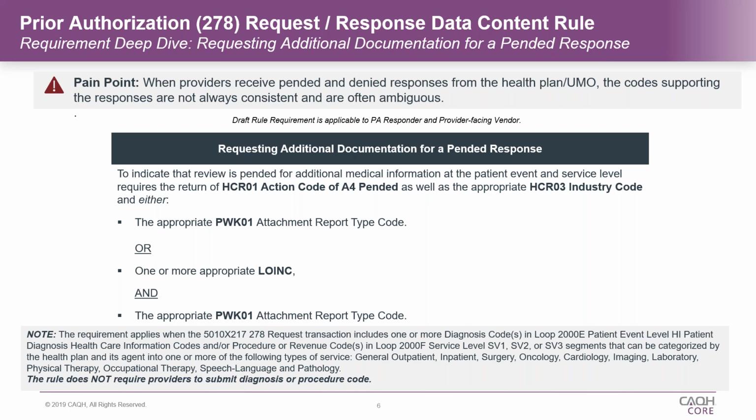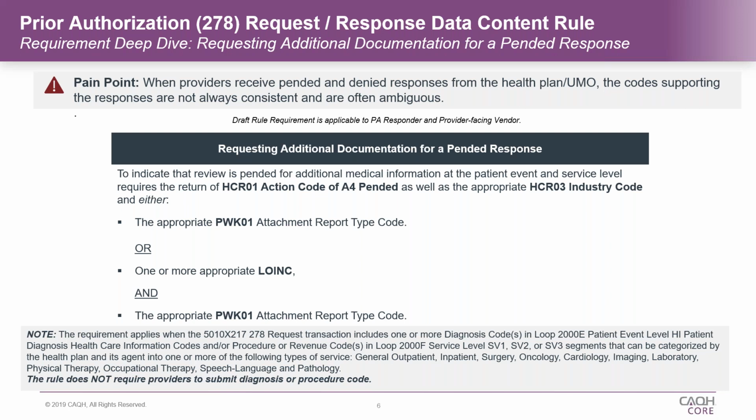To encourage movement towards a more automated and streamlined processing of the request and flagging the need for additional documentation, the rule requirement also requires that the health plan process submitted diagnosis, procedure, and revenue codes that fall into types of services that are often pended for medical necessity.